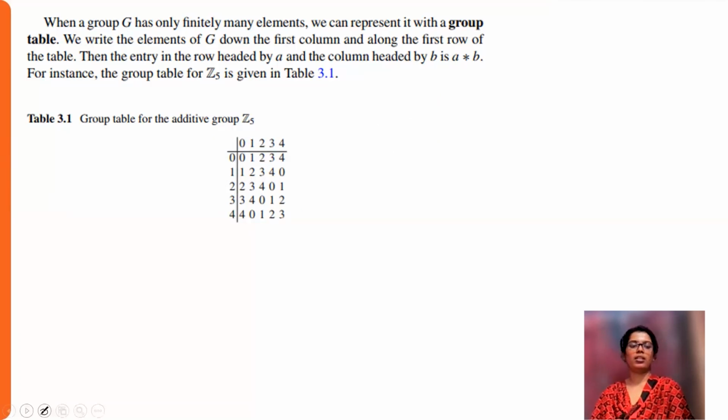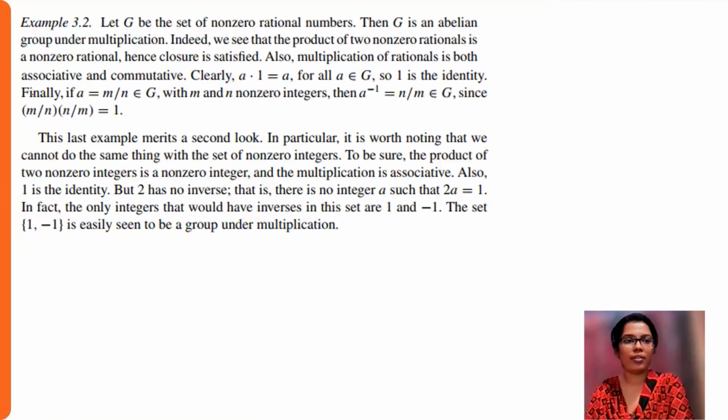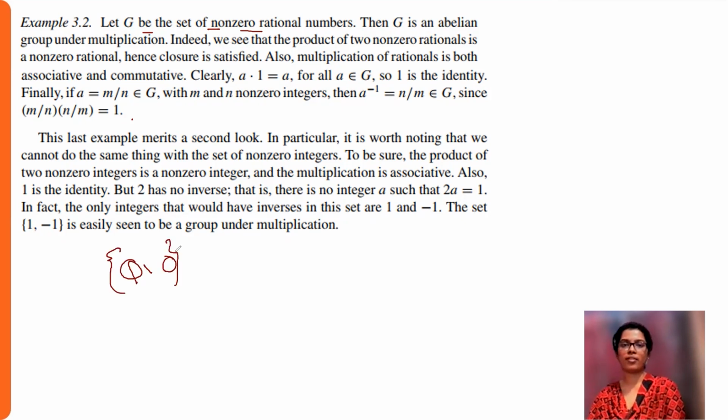Okay, now here we have seen in the previous step, if you talk about multiplication, for example, the set of non-zero rational numbers, which I have already told you, if you remove 0 from the rational numbers, we will always get an abelian group. Now, what does abelian mean? You take any two elements a and b of the rationals, and a into b will be equal to b into a.